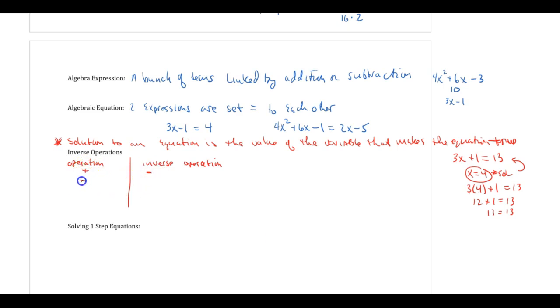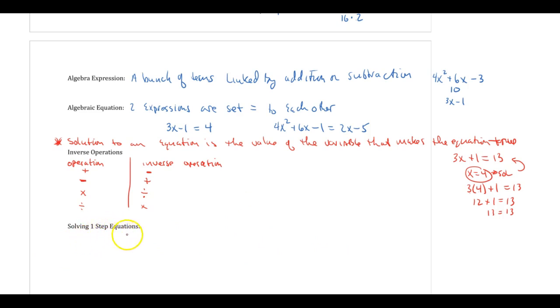If the operation is subtraction, the inverse operation is addition. If the operation is multiplication, the inverse of that is division. And if the operation is division, the inverse operation is multiplication.